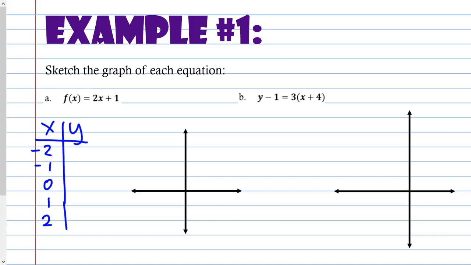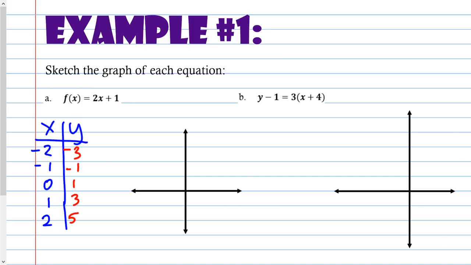Then you plug them into the equation and you get your y values. Plug in -2, -1, 0, 1, 2, and you get -3, -1, 1, 3, and 5. Now, I can sit here and just plot these points, or, of course, you do learn how to read the equation and the information in the equation.